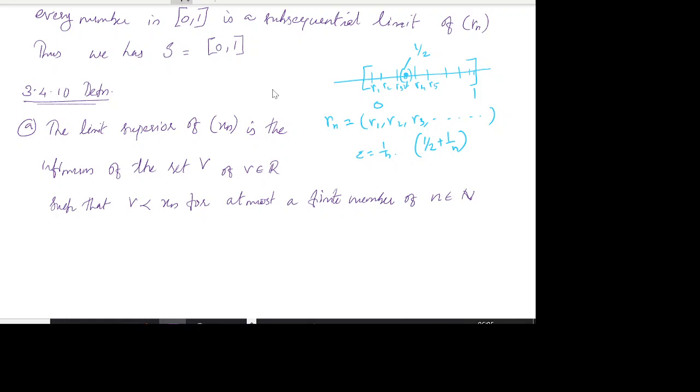And it is denoted by lim sup of xn, or in another fashion, we can represent this as limit superior of xn.